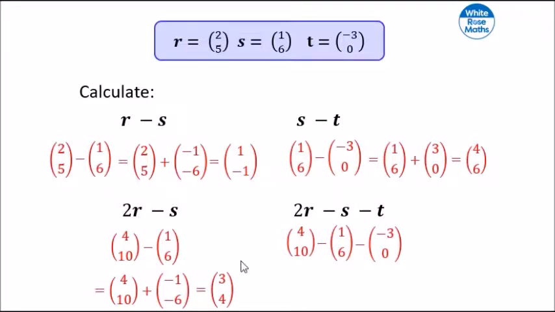We can convert these again to say the opposite of 1 right, 6 up is 1 left, 6 down, and the opposite of 3 left is 3 right. When we add these together, 4, take away 1, add 3, and then 10, take away 6, because we're just doing the horizontal components and the vertical components, we get the vector 6, 4.